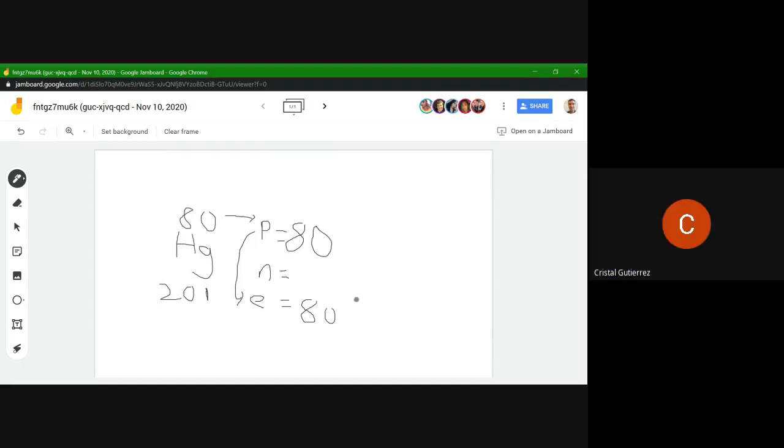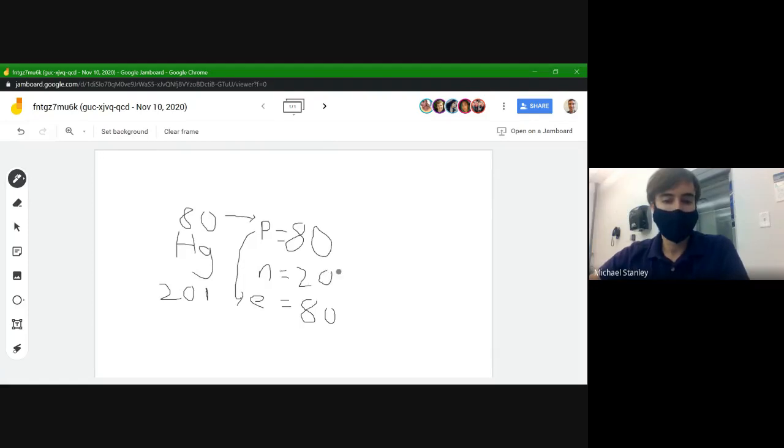And then for the neutrons, you do the 201 minus the 80. Precisely. 201 minus 80, because that is our weight minus the atomic number. So the weight of 201 minus the atomic number of 80 is, I believe that would be 121. Just like you said.